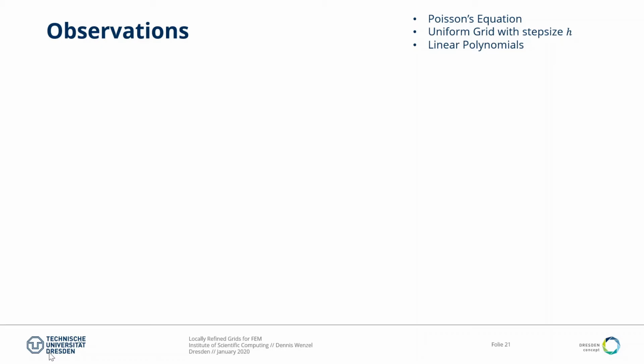What follows now concerns Poisson's equation, so simply minus Laplacian of u equals some right-hand side. We're using a uniform grid with a step size h, and we're talking about linear discretization, so basically the type of finite element method that we have implemented so far.